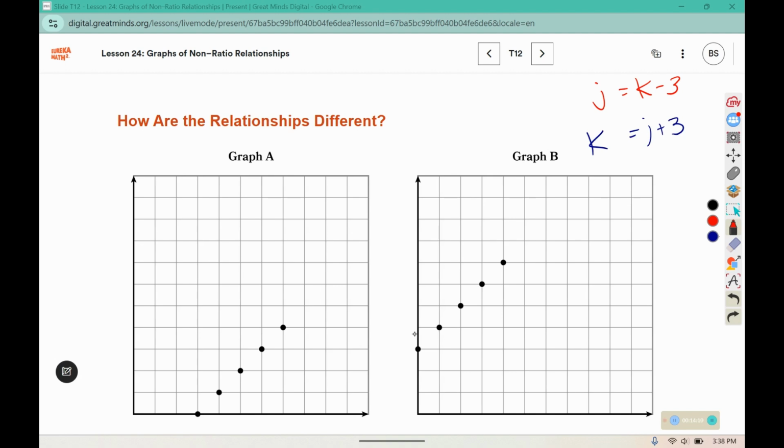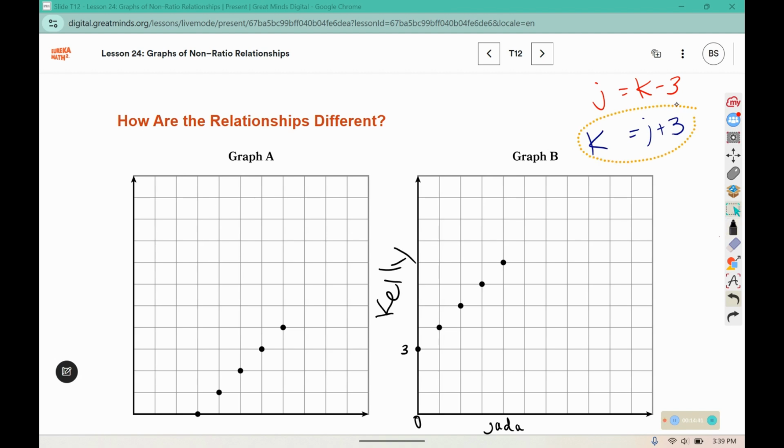So in this graph, you can see that when some person does 0, the other person does 3. Well, Kelly does more than Jada, so that would mean this is Jada who completes 0, and this is Kelly.